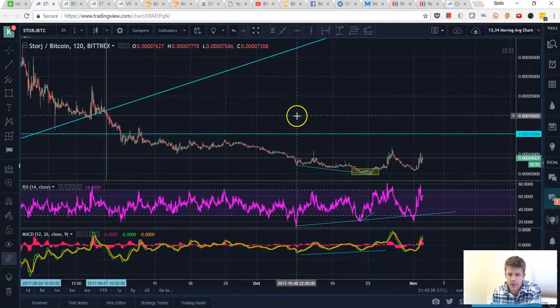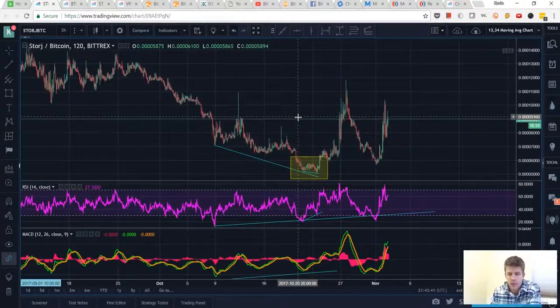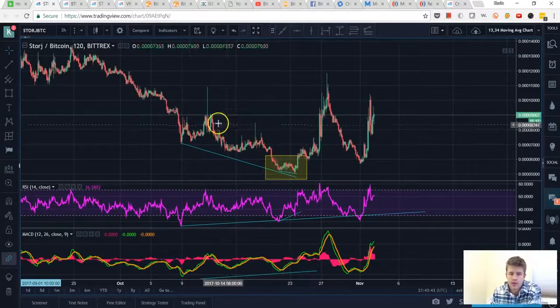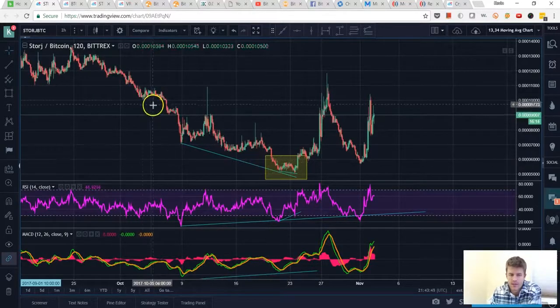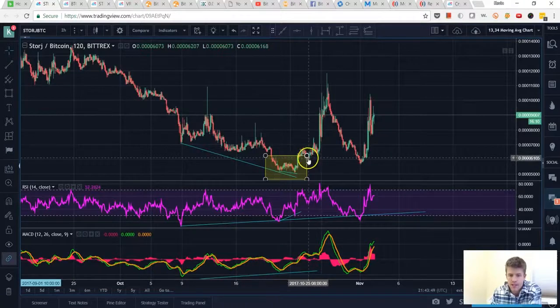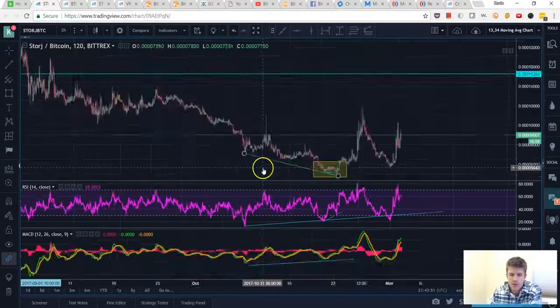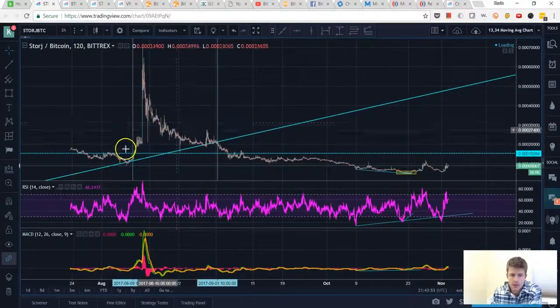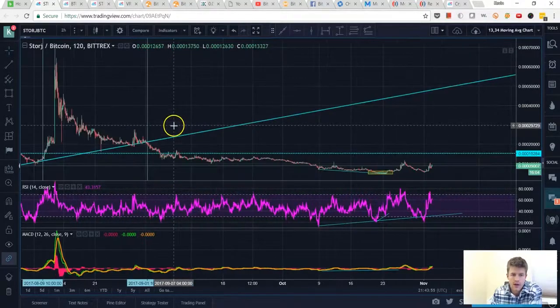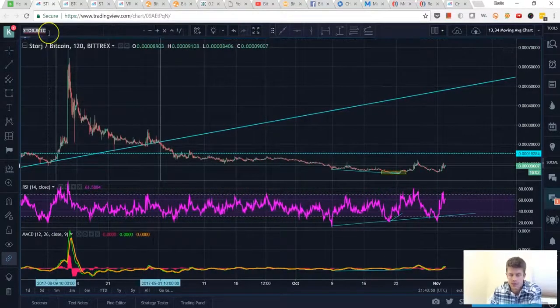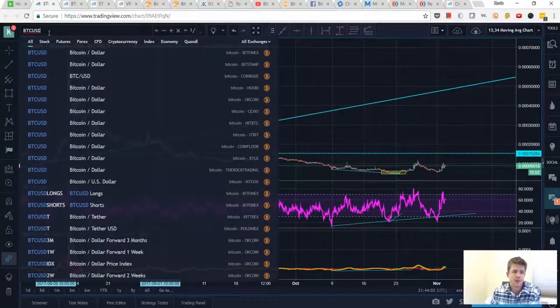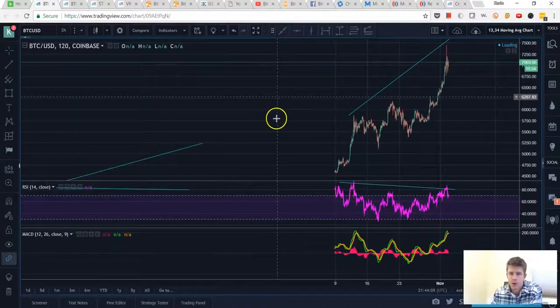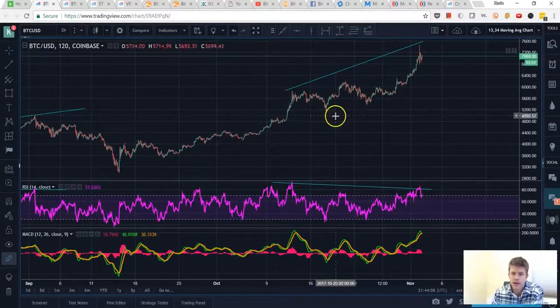So indicators aren't perfect, but they definitely help you out in letting you know, is this downtrend, is the momentum starting to change here, and definitely it was, or if we're in an uptrend, like with Bitcoin, for example, is that trend starting to get exhausted a little bit, or is it a good time to maybe start taking profits and pulling out, or at least looking for a short-term pullback?